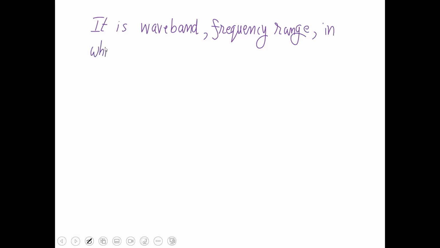It is the wave band, the frequency range in which we can hear a sound.